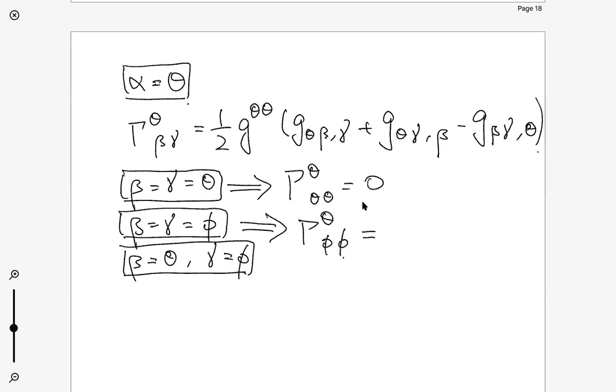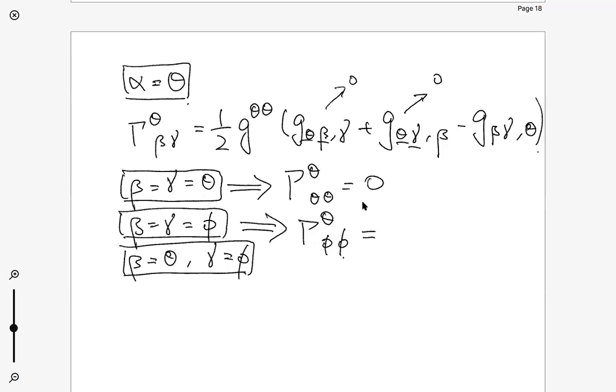And actually, we can quickly realize that these two terms would become 0, right? Because we have theta as the first index, but now beta and gamma is phi, which means that this index and this index are not the same as theta, right?